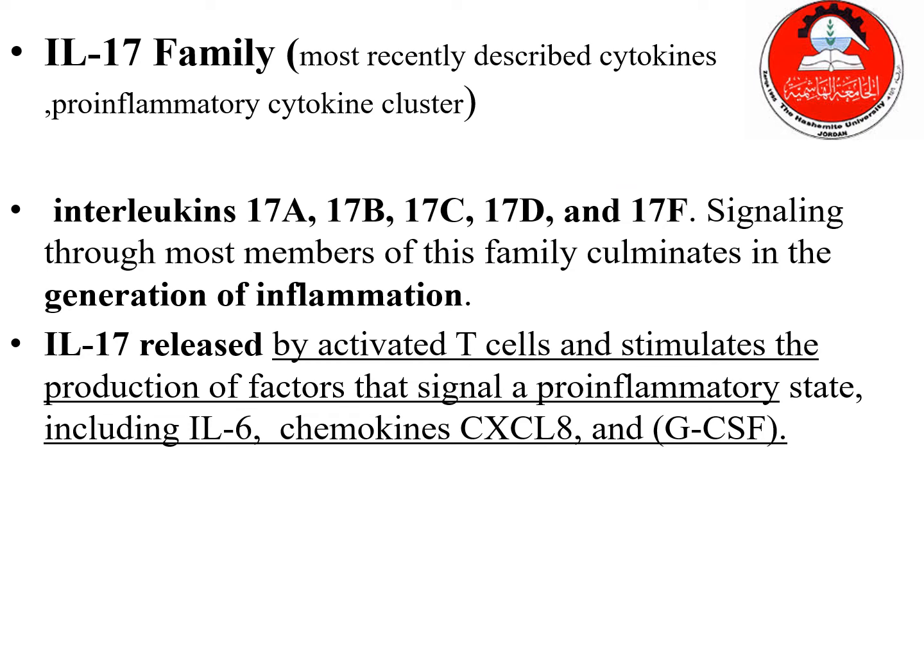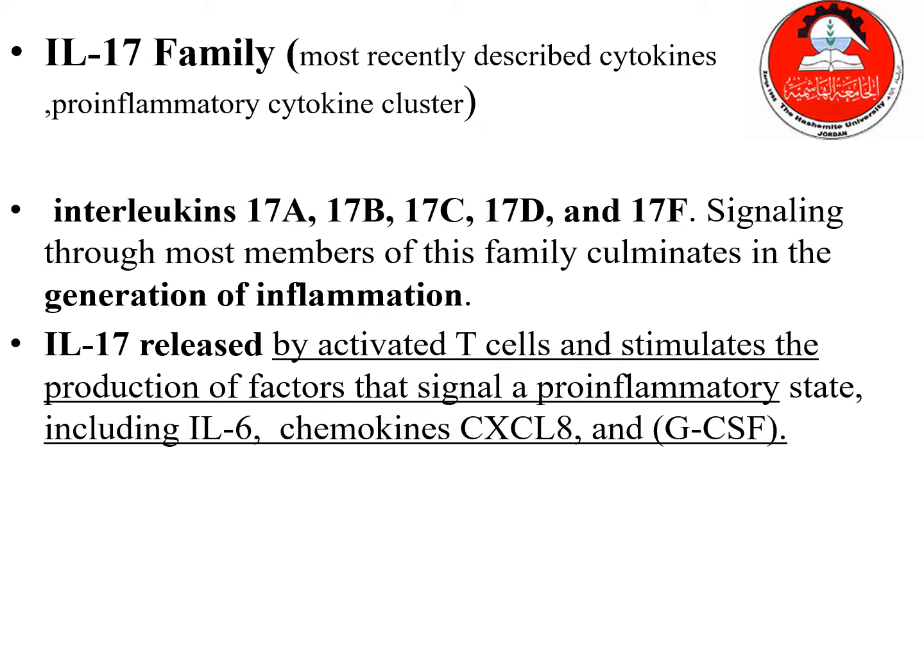We have the interleukin 17 family, which is the most recently described cytokine. It has a pro-inflammatory cytokine effect, and we have interleukin 17A, B, C, D, and F. Signaling through most members of this family culminates in the generation of inflammation.